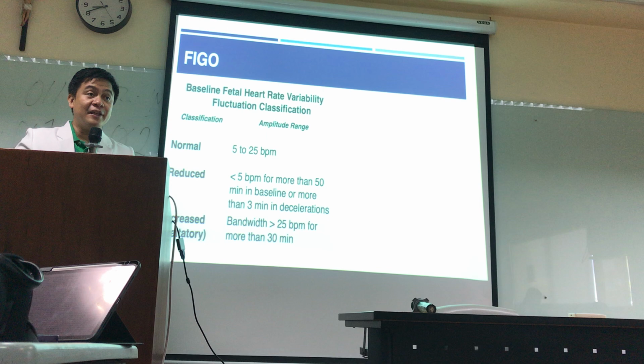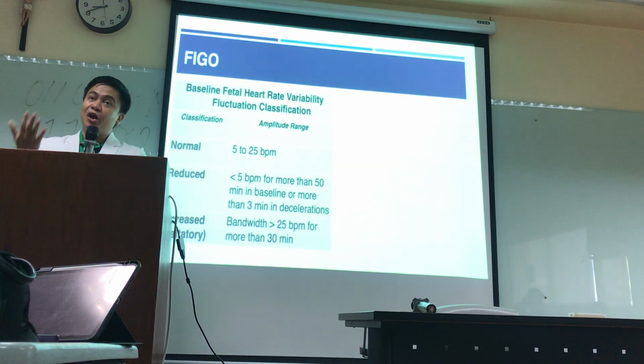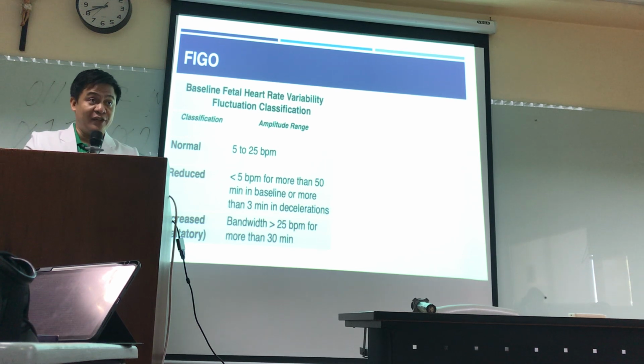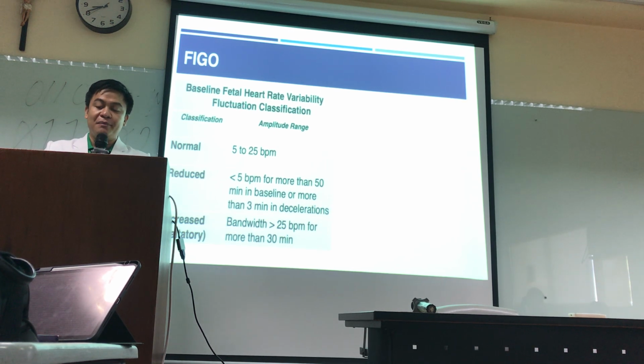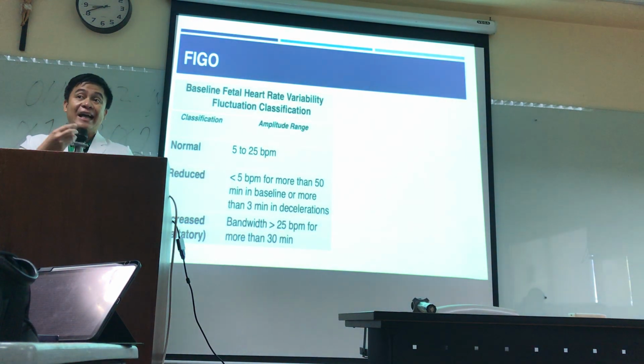Actually, the significance of marked variability is unclear. It may be a normal variant or it may be an exaggerated autonomic response to transient or sustained interruption of fetal oxygenation. It has been observed in early stages of intrapartum fetal hypoxemia and before birth in some acidotic newborn.